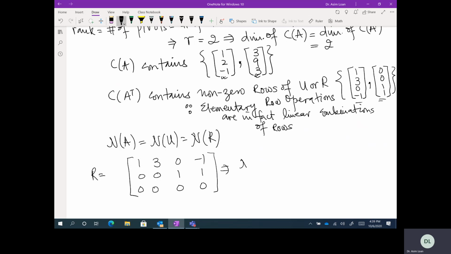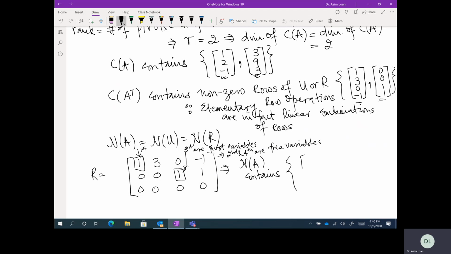So this implies the null space of A. So the first variable and then the third are pivot variables. The second and fourth are free variables. So the null space of A contains four elements, combinations here.